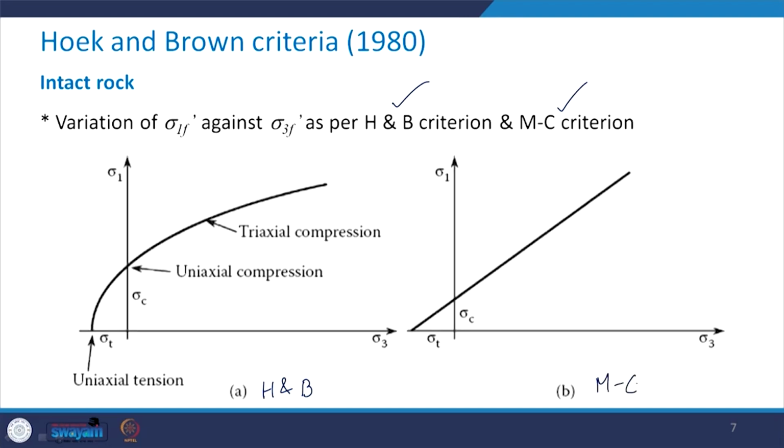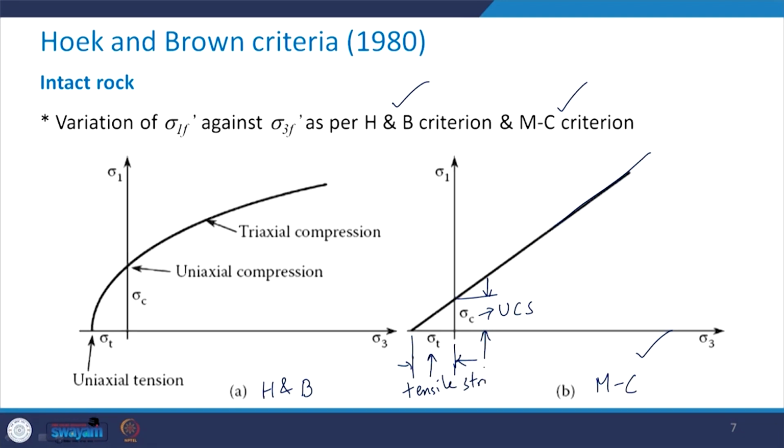You have seen that in case of the Mohr-Coulomb criterion, this relationship was a straight line where the intercept on the sigma 1 axis gave us the idea about the UCS, and the intercept on the x axis gave us the idea about the tensile strength.